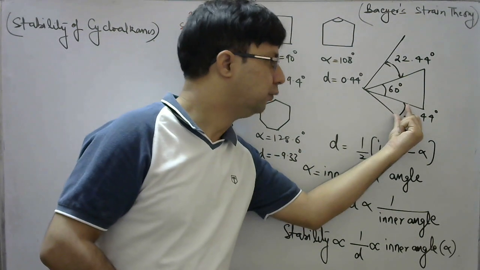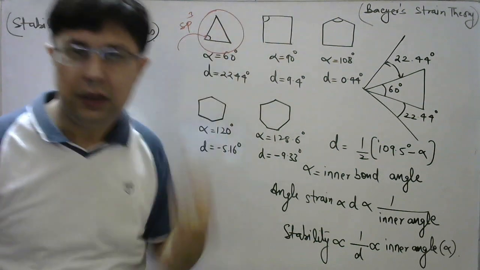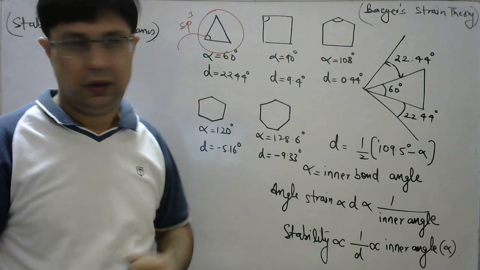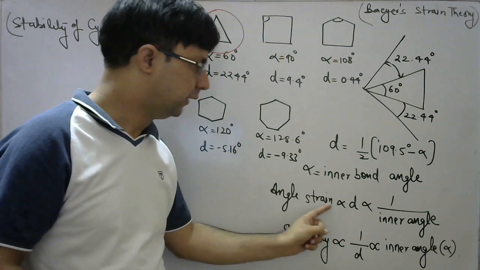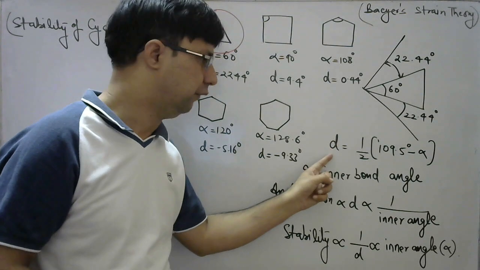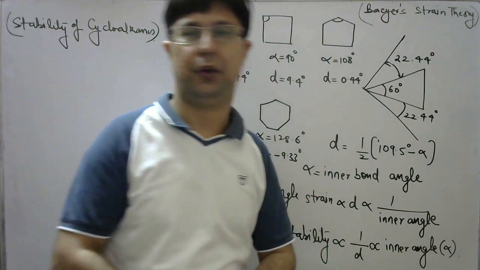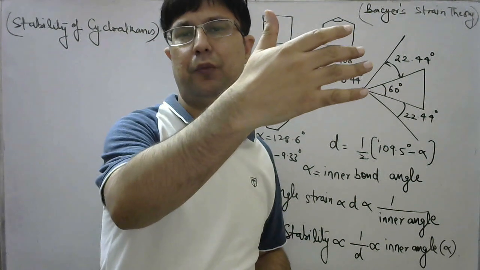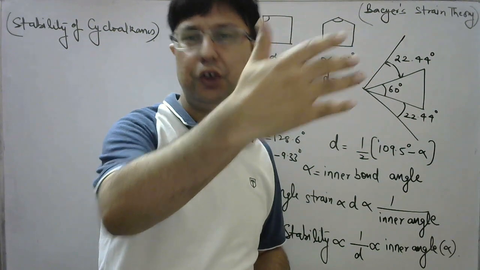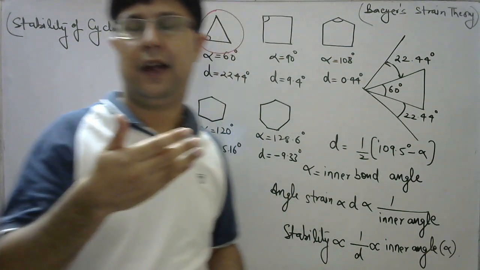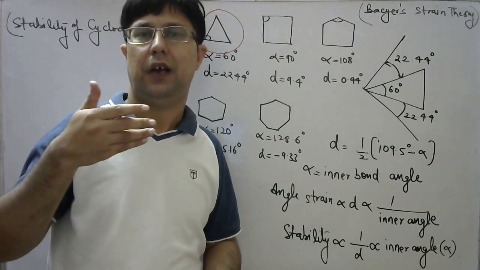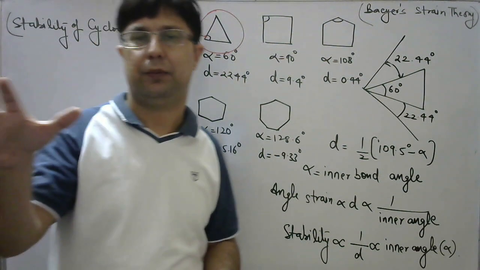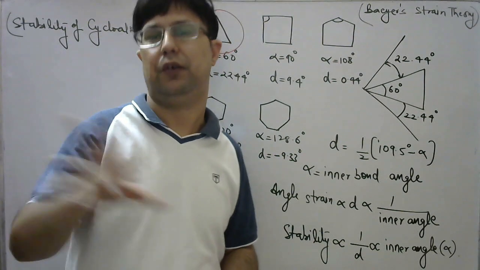The greater the magnitude of D, the more angle strain is present in the molecule. So I can say one thing: the angle strain is proportional to D, the angle of deviation, and inversely related to the inner angle. As the inner angle keeps increasing, it will keep approaching 109.5 degrees. So the deviation angle will keep decreasing, and if it decreases, it will reduce the angular strain in the molecule, and the more strain present in the molecule, the lower its stability.